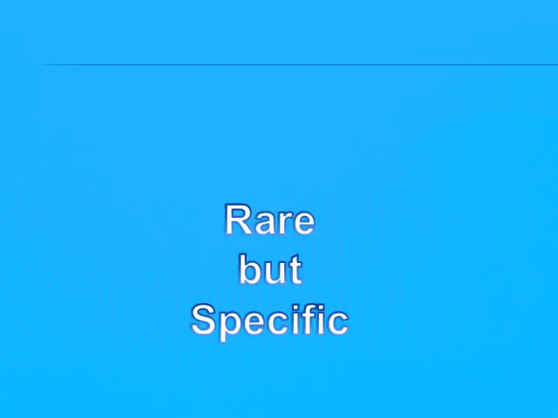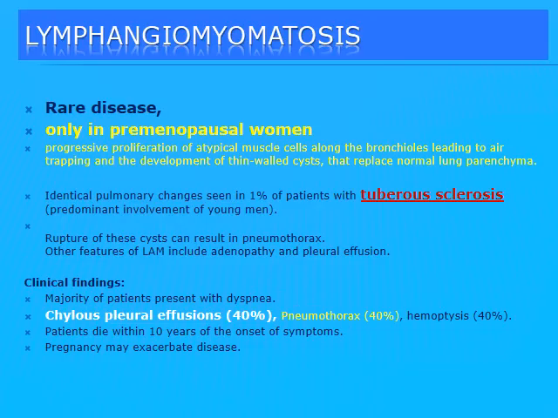Now, two rare diseases having a specific or pathognomonic, spot-diagnosis pattern on high resolution CT. The first one is lymphangioleiomyomatosis. This is a rare disease. It should be seen in premenopausal women because it is estrogen dependent, or in patients with tuberous sclerosis. It is called LAM.